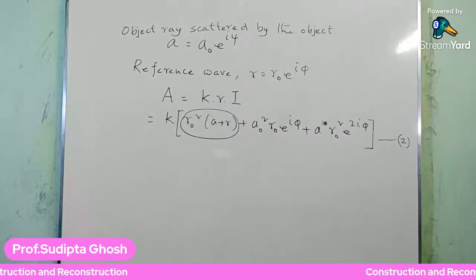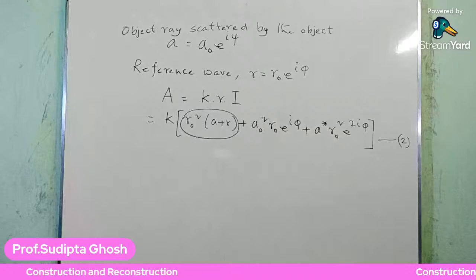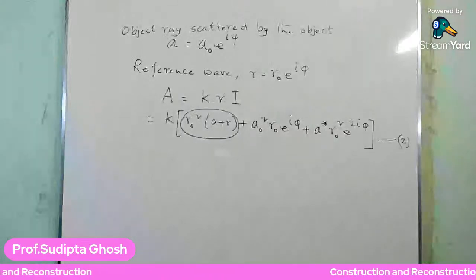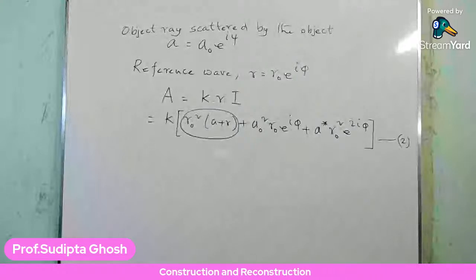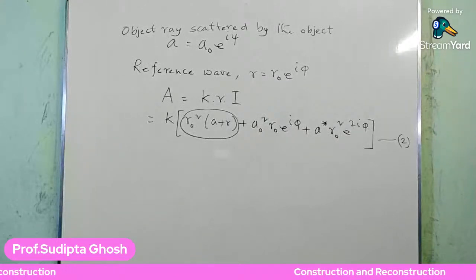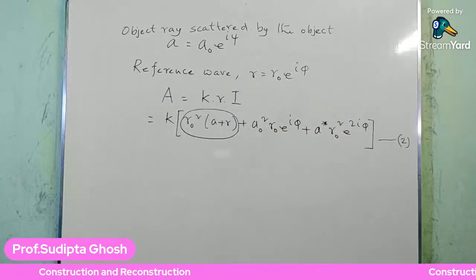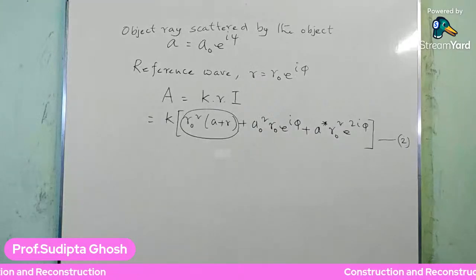For a reference wave whose phase and amplitude are almost constant all over the hologram, the third term, A star R0 square e to the power 2I phi, is proportional to the conjugate of the object wave amplitude, and this generates the real image.